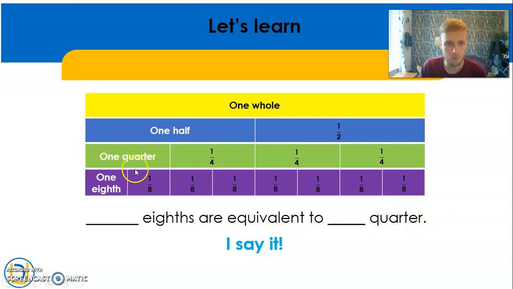So we're going to look at this 1/4 here. And below it, we've got our eighths. So how many eighths are the same as 1/4? I can see here there are 1, 2 eighths are the same as 1/4. So my sentence is going to be 2 eighths are equivalent to 1/4. 2 eighths are equivalent to 1/4. Your turn. Off you go.